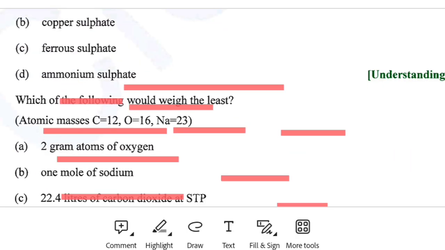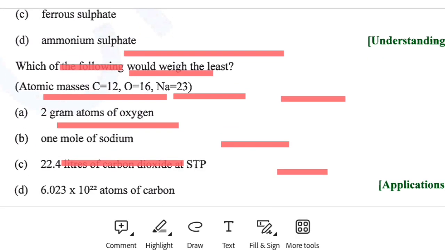Next question: which of the following would weigh the least? Here we have 2 gram atoms of oxygen, 1 mole of sodium, 22.4 liters of carbon dioxide, and 6.023 into 10 to the power 23 atoms of carbon. We are going to convert all of this into its gram form.